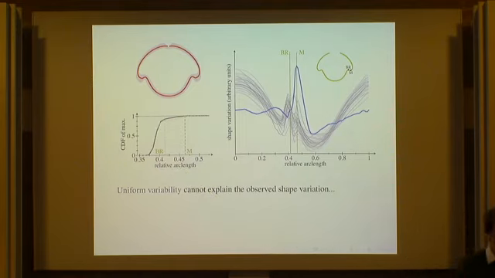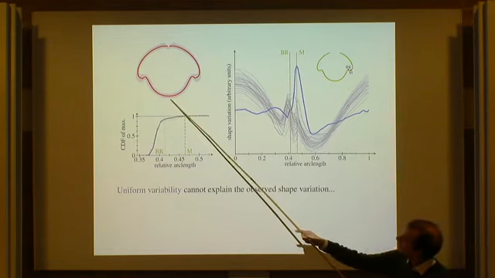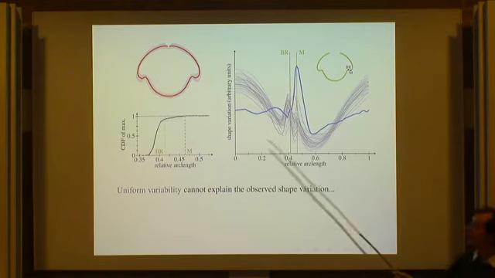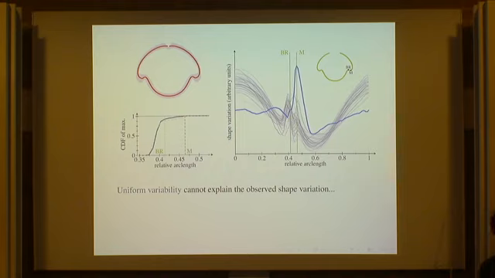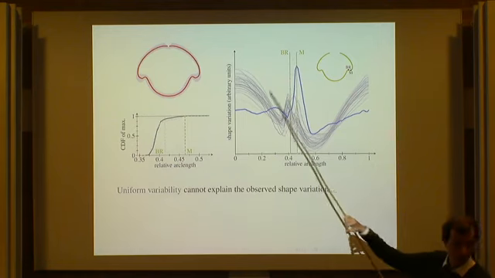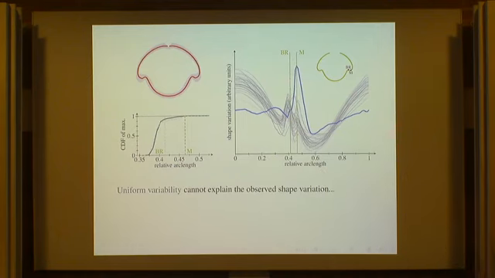I'm confused. These lines are data, the same data you had before? Sorry, I should have said that more clearly. The blue line was the thickness of the average shape here. The grey lines are, I take my average fitted shape and I perturb all the parameters of the model randomly, and I then solve for all these shapes, and I average these shapes, and I get shape variations like this grey line over here, which do not reproduce the data.